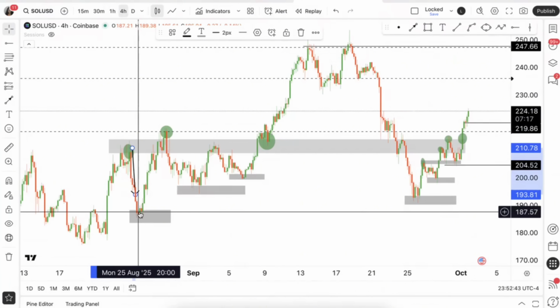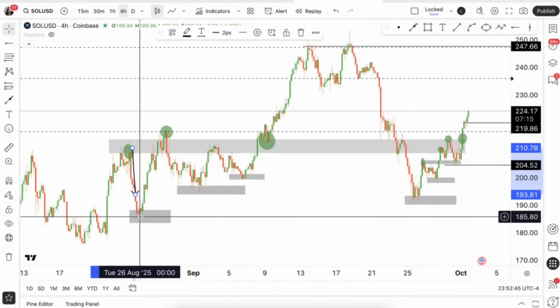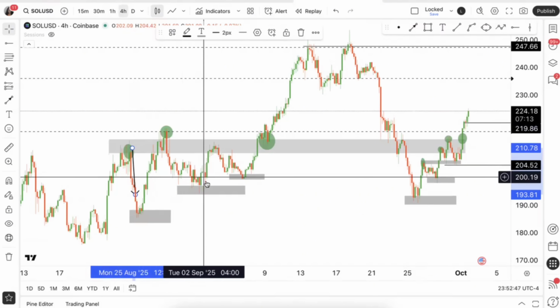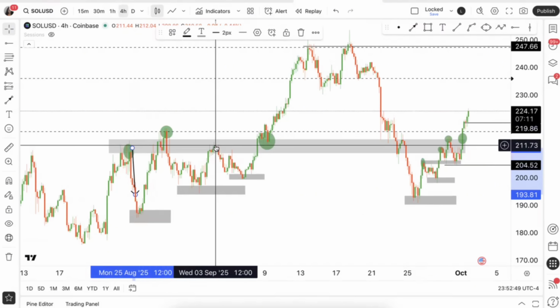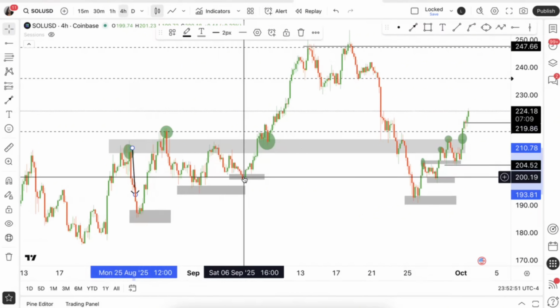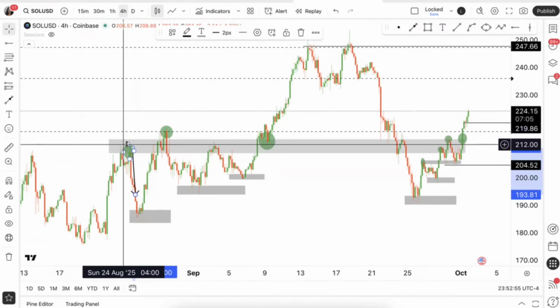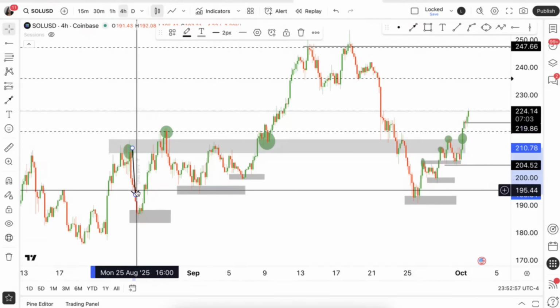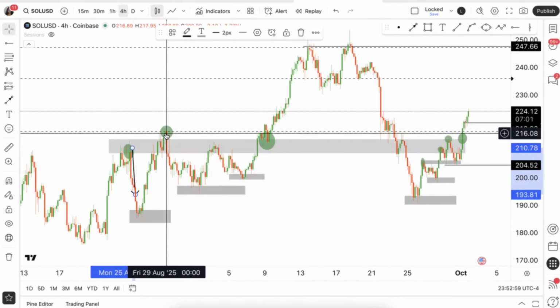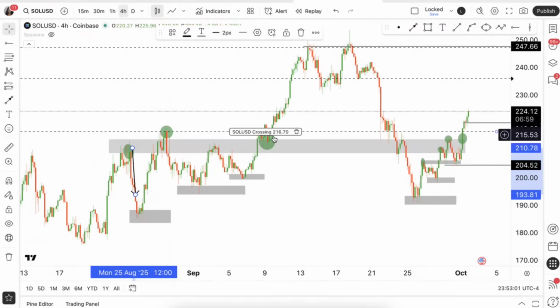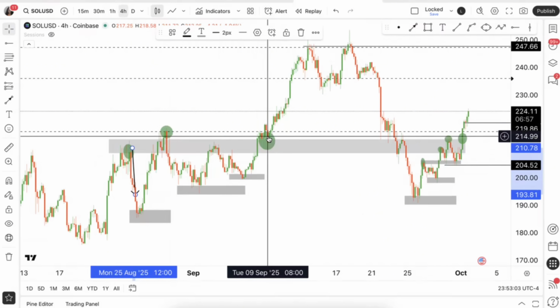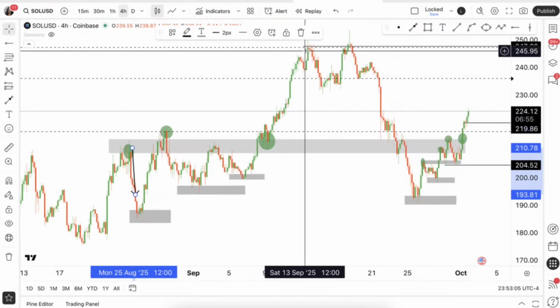Selling level here comes here, higher low, higher high, higher low, fails to come higher, but another higher low. And then we get a push above this level. So that level that we previously sold from, that indication we had, it ended up later playing out here. So above this level ended up making a push.